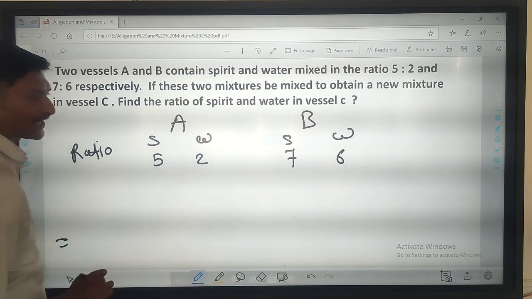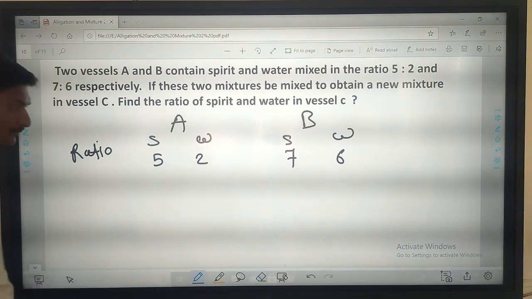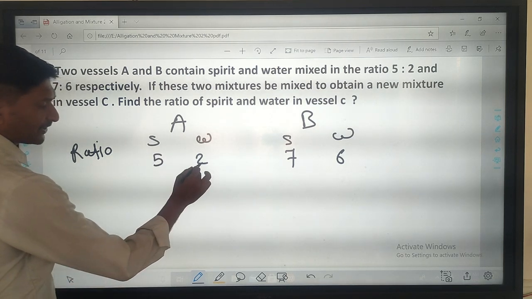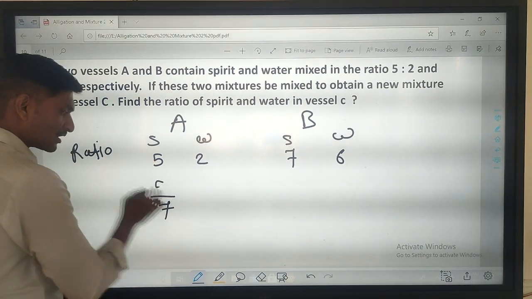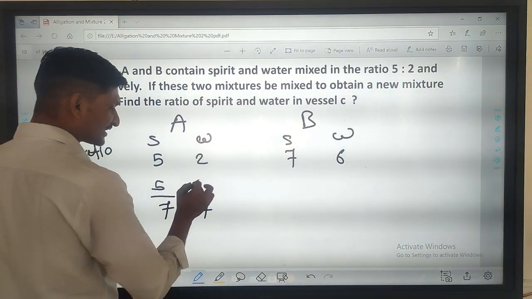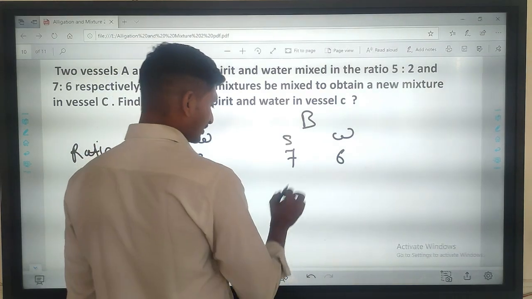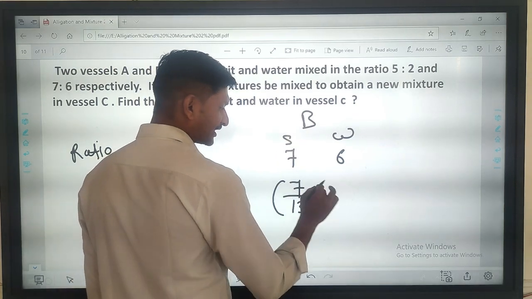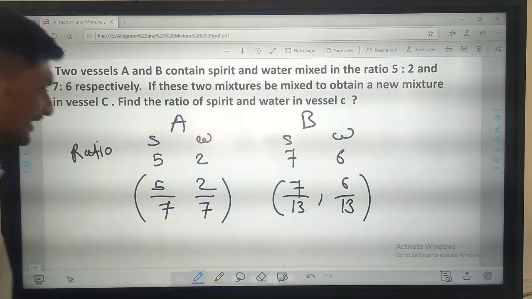Here the total mixture is 7 liters, spirit is 5 liters and water is 2 liters. Here the total mixture is 13 liters, spirit is 7 liters and water is 6 liters.